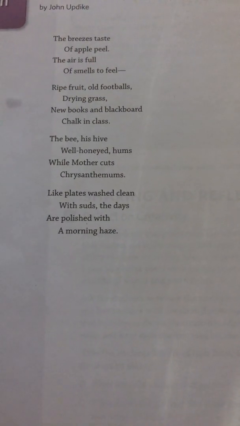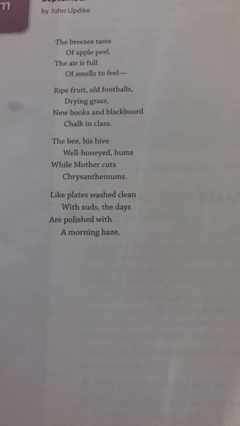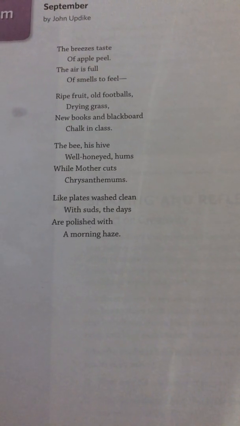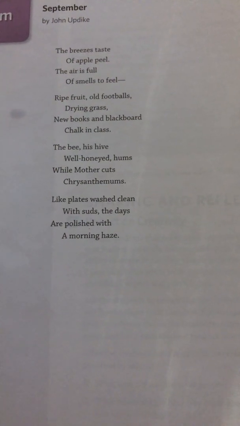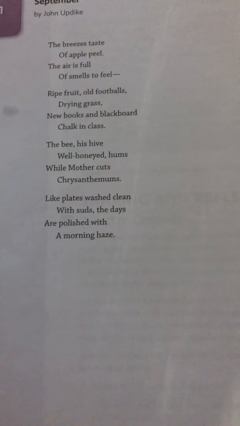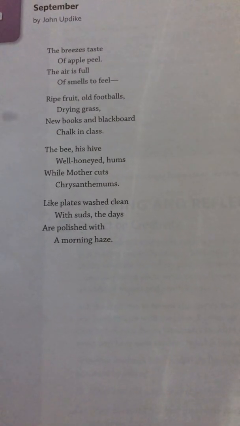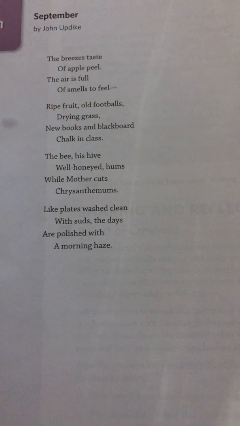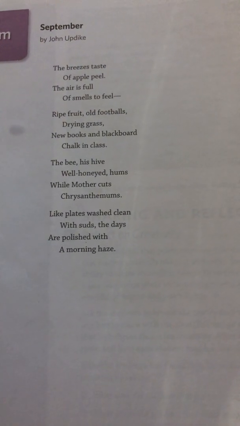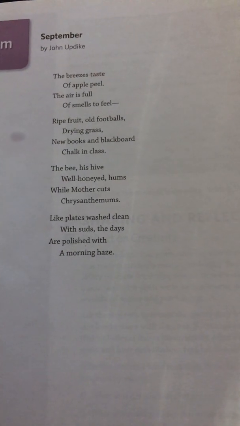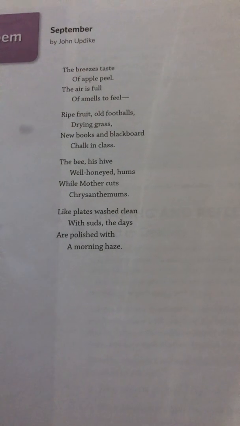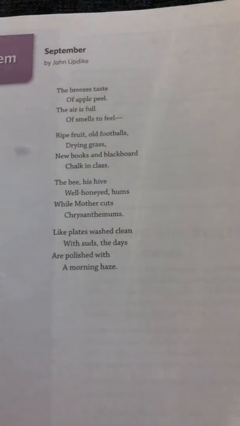Other sensory details, a bee, right? Humming around, its wings buzzing. You can imagine the hive. Chrysanthemums are a type of flower. So you can imagine the sensory details of September and fall starting to come about. So those are some things that I notice in this poem. I'm sure that you were able to pick out some things of your own as well.